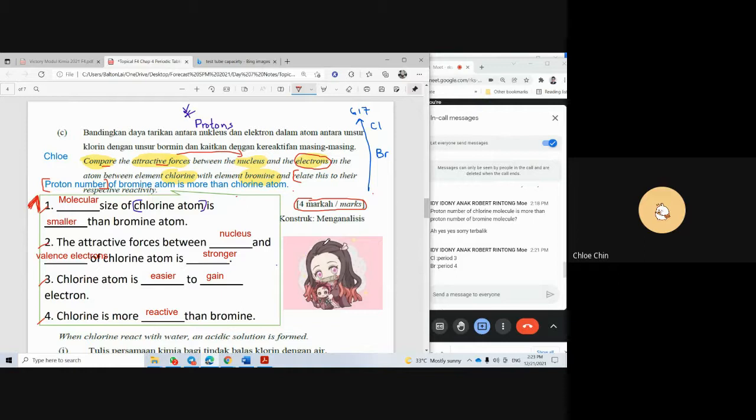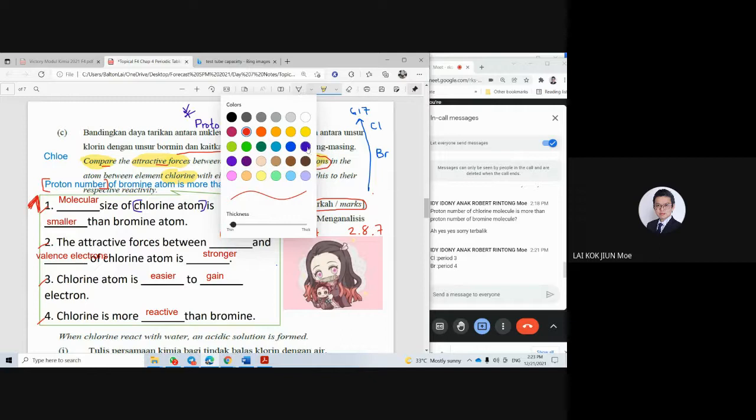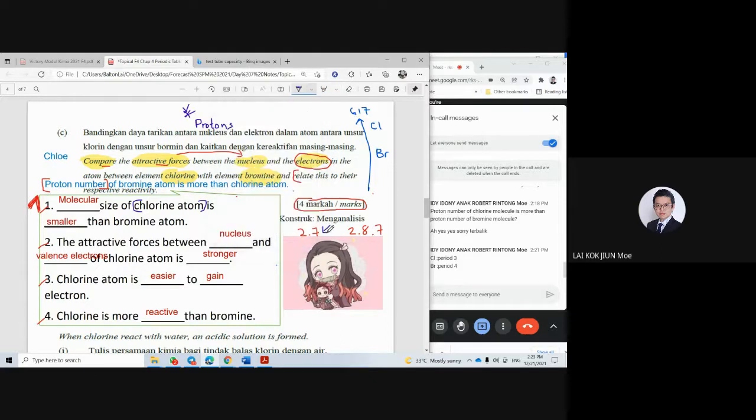Because the proton number of bromine is more than chlorine atom. Their structure is like 2.7, 2.8.7, no? Because they are not the same as group 1. They prefer to receive electrons. So when they are trying to receive electrons, the smaller the size, the easier they receive electrons. The larger the size, the more difficult. So you see chlorine is the best, more reactive.